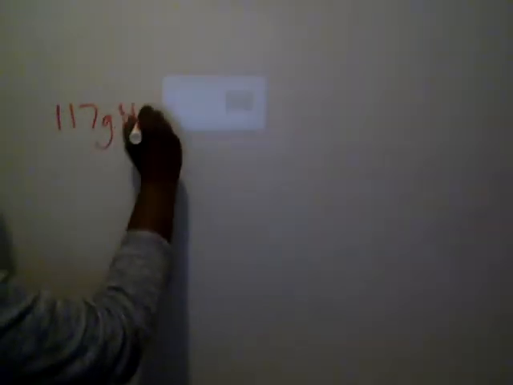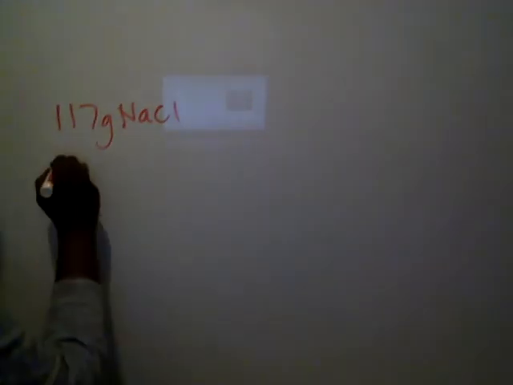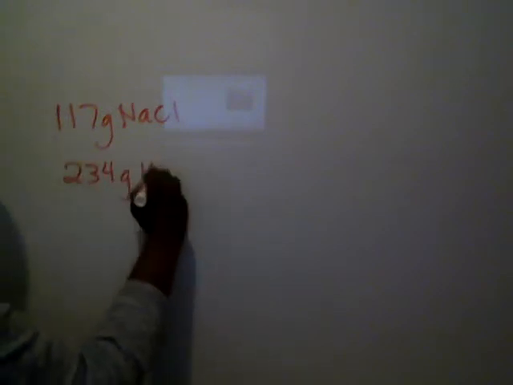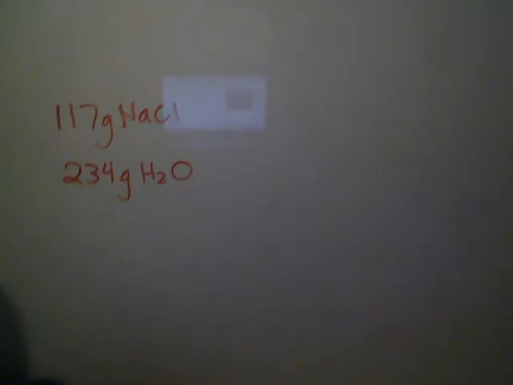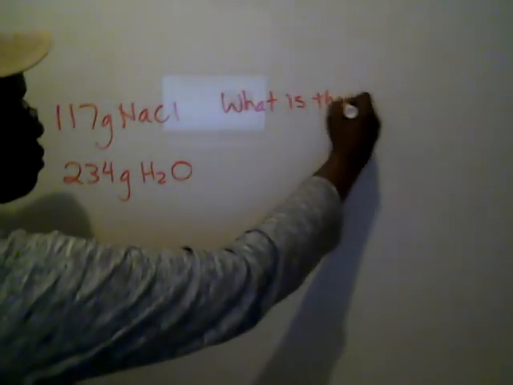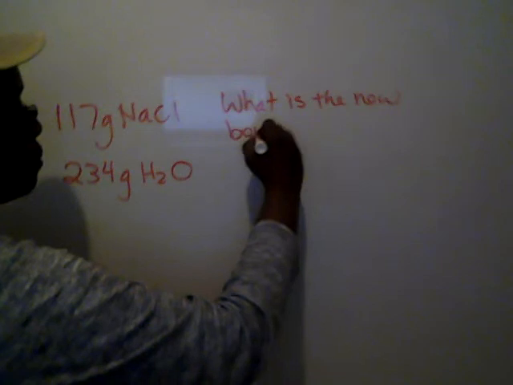We take, let's say, 117 grams of NaCl in 234 grams of H2O. And that's all we have. And our question is, what is the new boiling point?